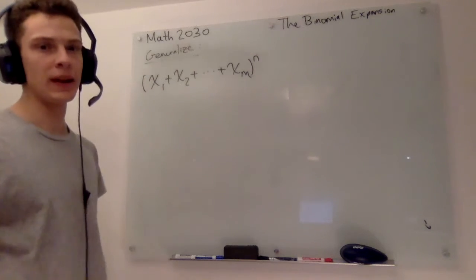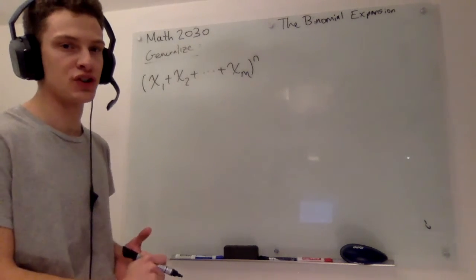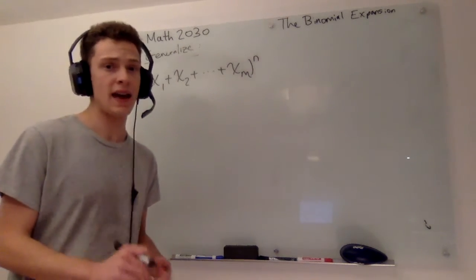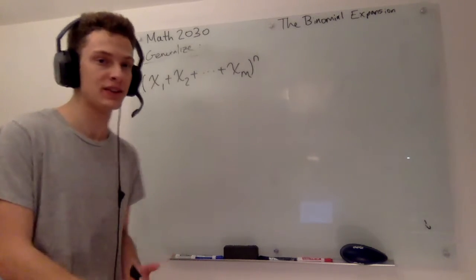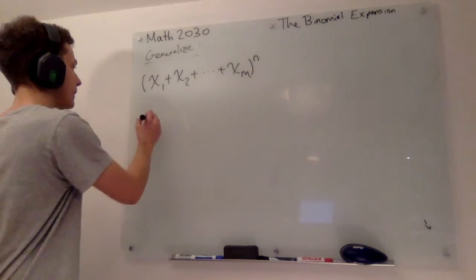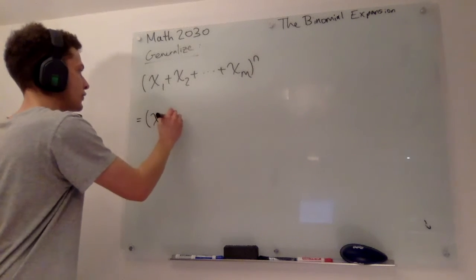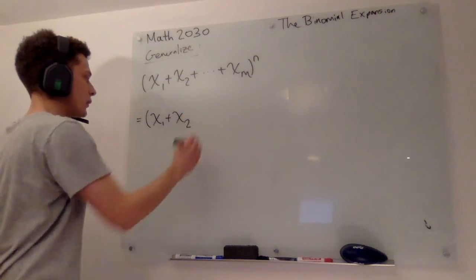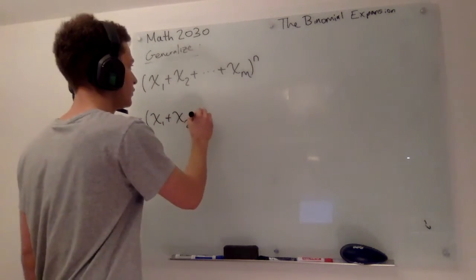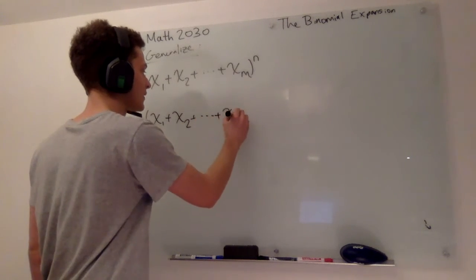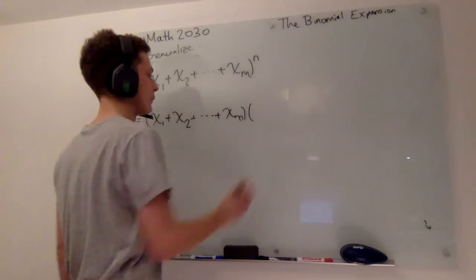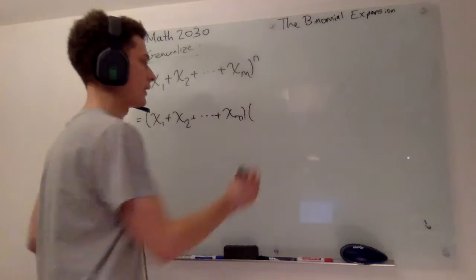Again, we are determining every possible ordering of our set x1 through xm that has n elements. Let's write this out as we did before. So we have x1 plus x2 plus dot dot dot plus xm. And we'll write it out as if we are multiplying it out.